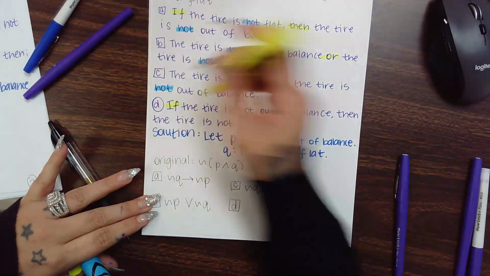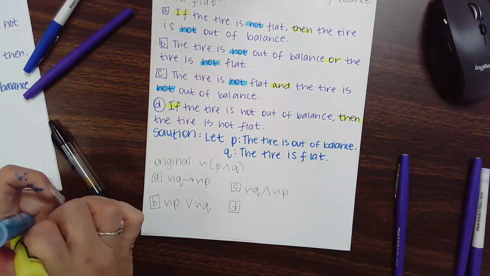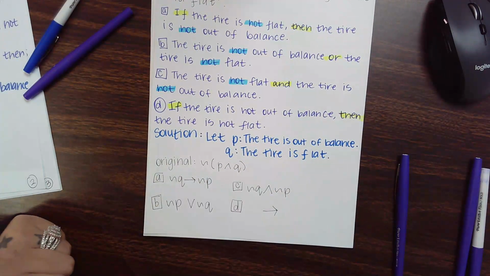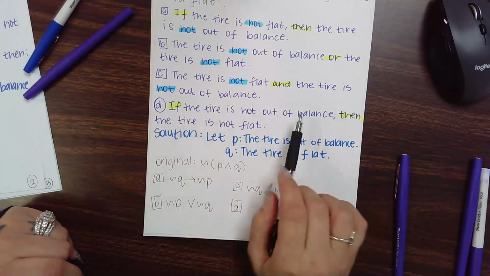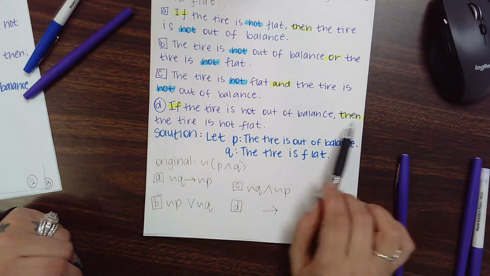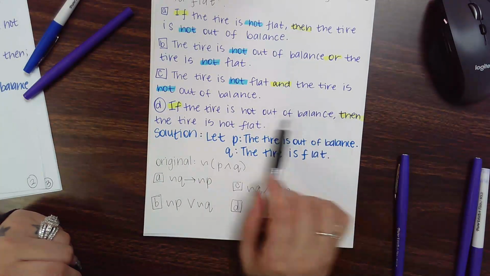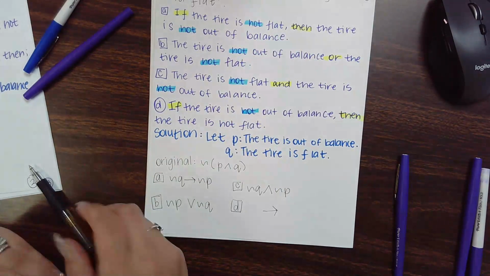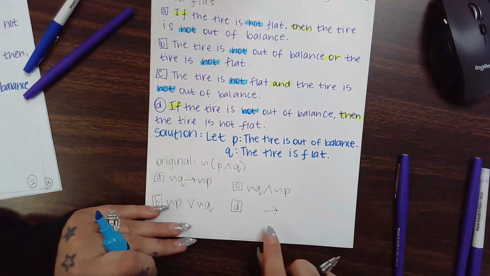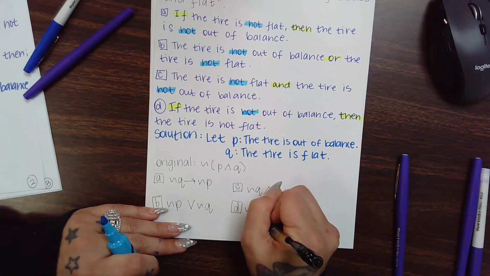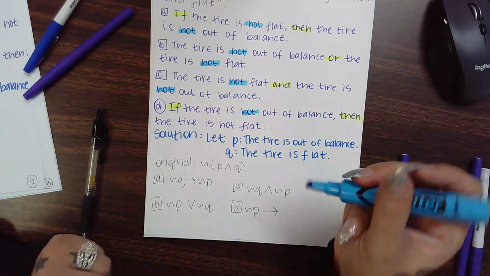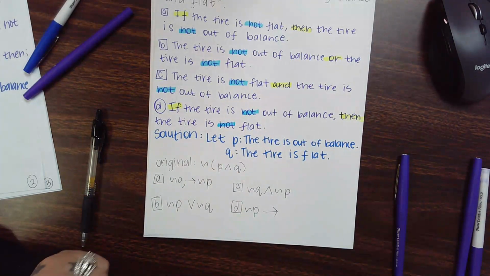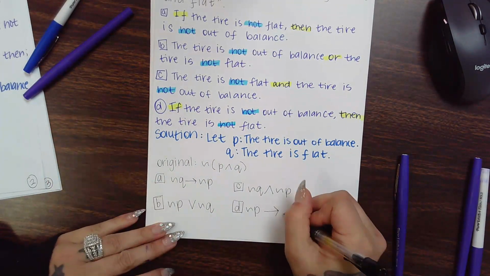So if, then is what tells me symbolically to do a conditional arrow. Before the then, sandwiched in between, called the antecedent, it is the tire is not out of balance. So before the arrow, I would have a not P. And then after the arrow, after the then, it says the tire is not flat, which would be a not Q.